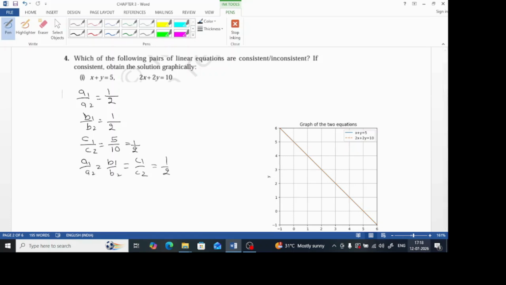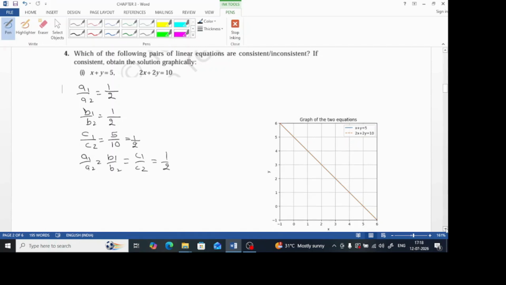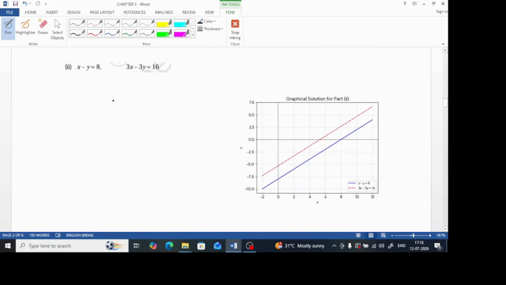Now let us come to question number 4, part 2. Here also, first we will find out the ratios, we will compare the ratios. Here a1 upon a2 is equal to, value of a1 is 1 and a2 is 3, b1 upon b2, b1 is minus 1 and b2 is minus 3, so it will be 1 upon 3.